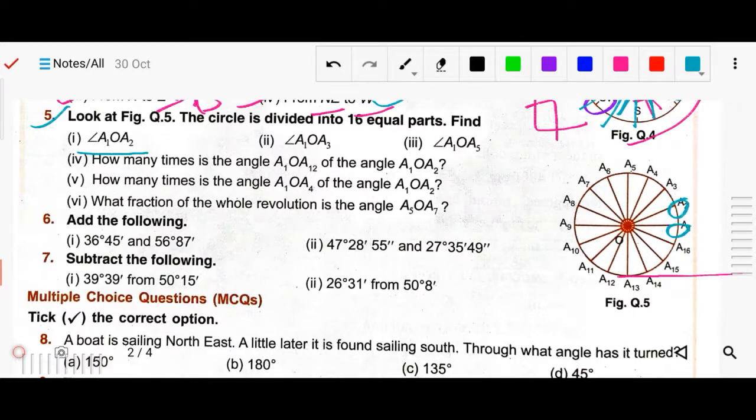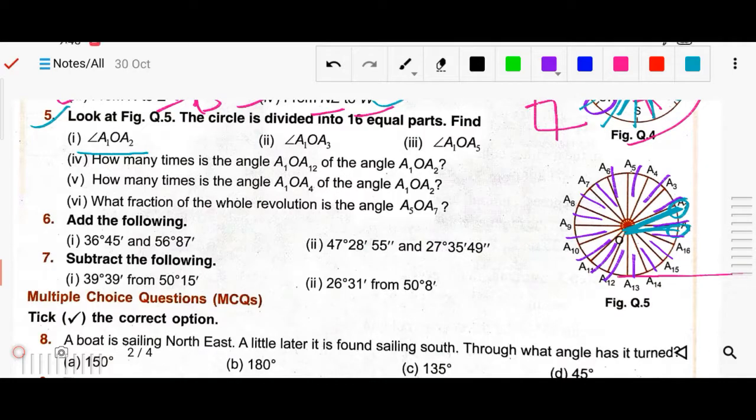A1OA2 means it is asking about this angle. So how will you find the angle? First of all, you have to count how many parts this circle is divided into. Count 1 2 3 4 5 6 7 8 9 10 11 12 13 14 15 and 16. So the circle is divided into 16 parts.